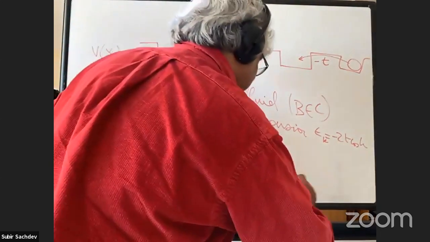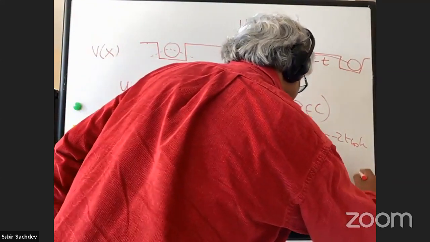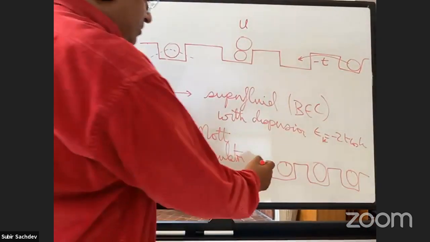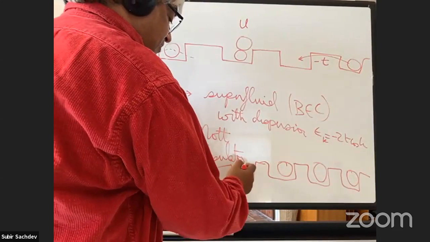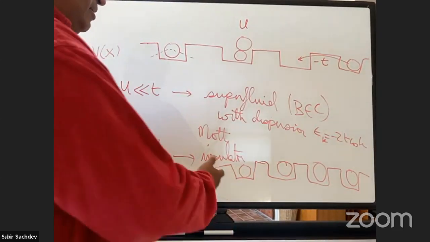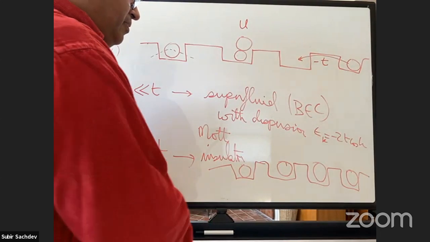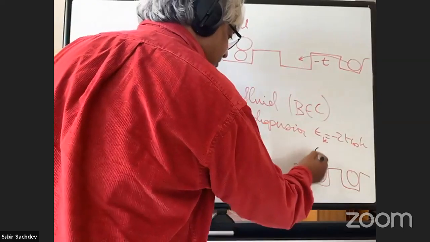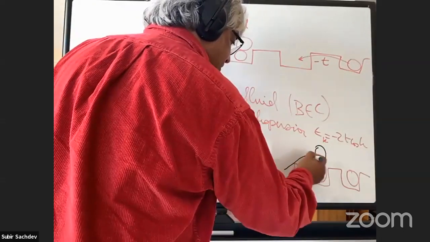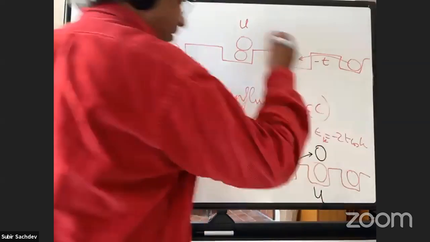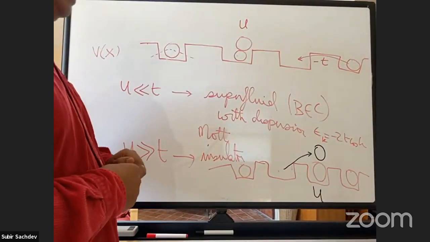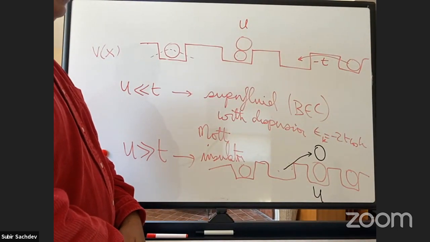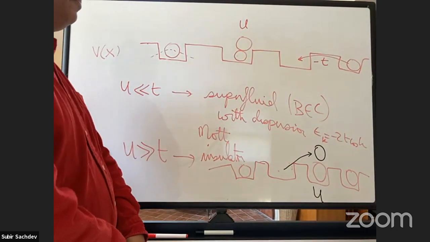Then you have a particular state where you have one boson per site, for example. This has a very low energy because the bosons never pay the energy cost U. If you now want to move a boson from here to there, suddenly you have to pay cost U, which is practically infinite, so it won't ever go there. So basically the boson will be stuck because of the repulsion, and this is anything but a superfluid.